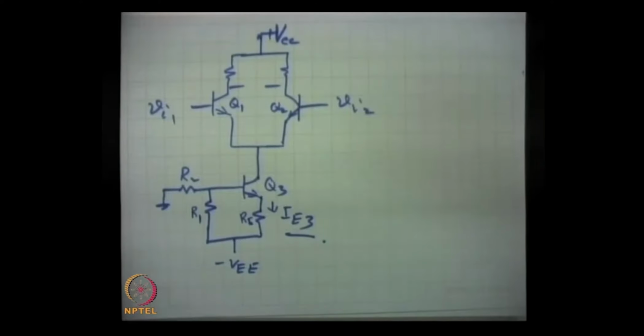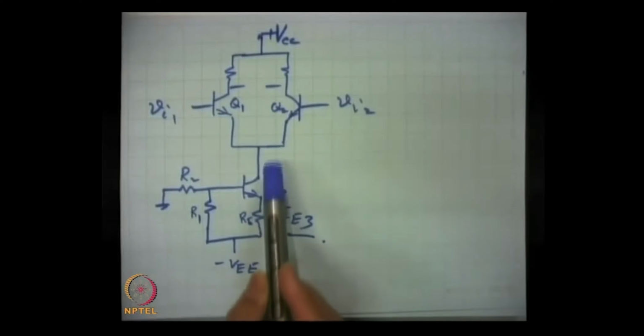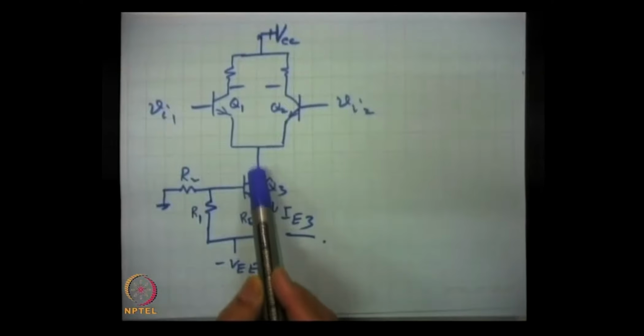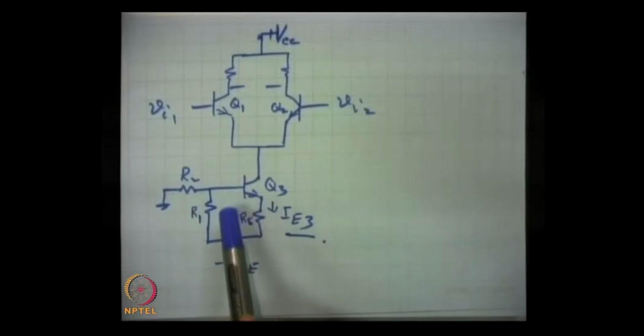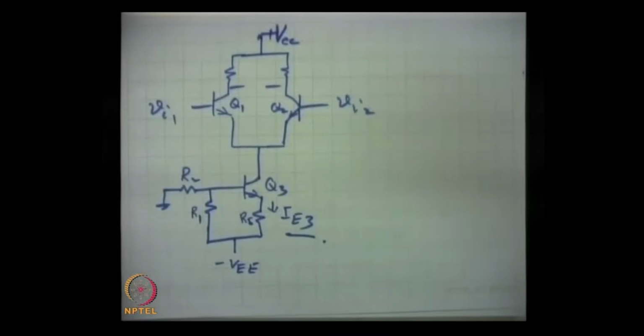So, the circuit under discussion was this, where the resistance R_E and battery V_EE has been replaced by this transistor circuit.